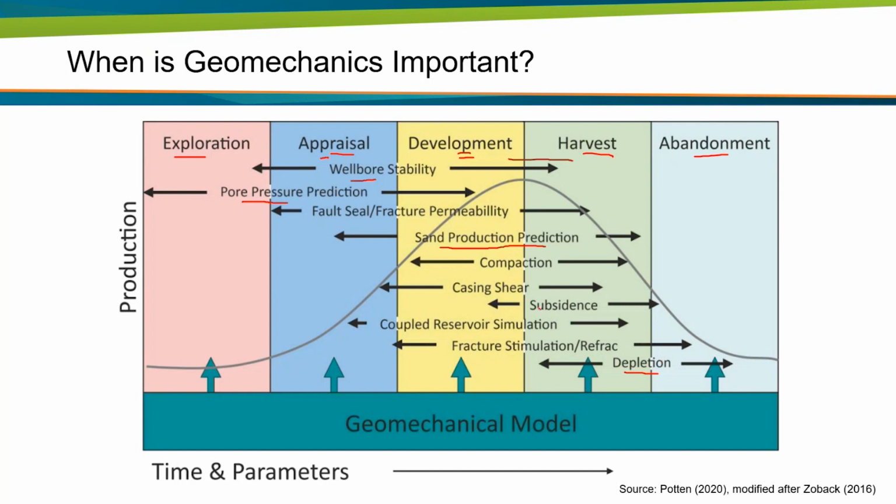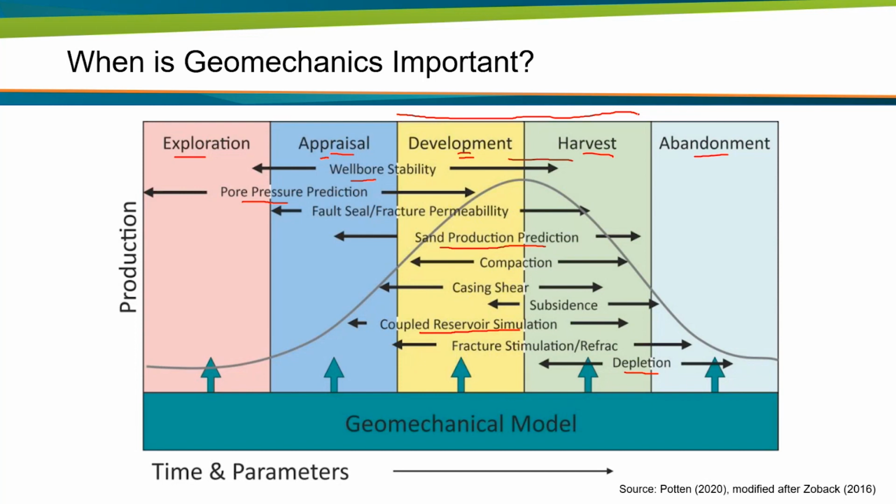And while you produce your well, your coupled reservoir simulations typically have the most application during the development and the harvest period. It's in a way a reservoir engineering fluid flow model coupled with geomechanics. And that is especially important if you're dealing with a naturally fractured reservoir with low permeability matrix.